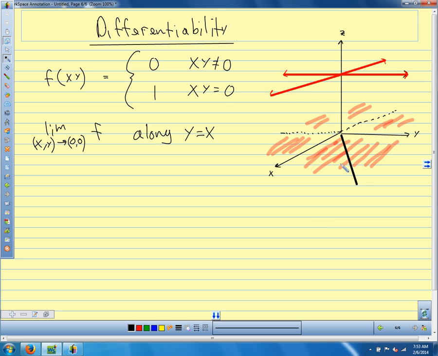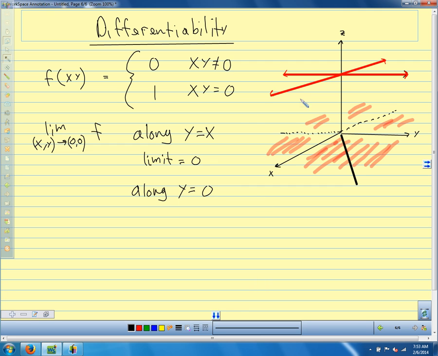Well, in the xy plane, no matter where we are, what is my function value? 0, and no matter where I am along this point, I'm going to be very, very close to 0 because my function value is 0. Along y equals x, the limit equals 0. How about along y equals 0?